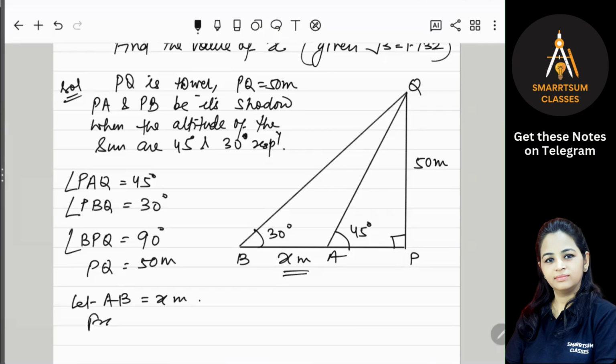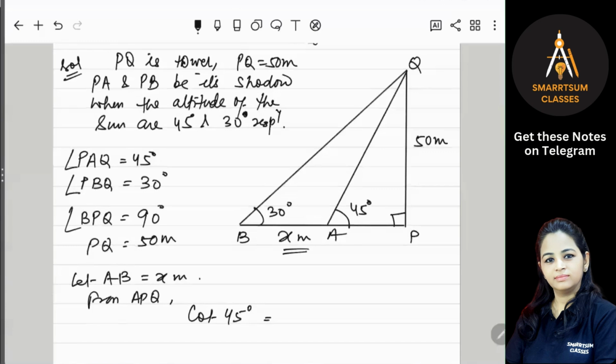Now from right angle triangle APQ, what is cot theta, meaning cot 45 degrees? Cot is base upon perpendicular. The base here is AP in this triangle and this is the perpendicular, so AP upon PQ.